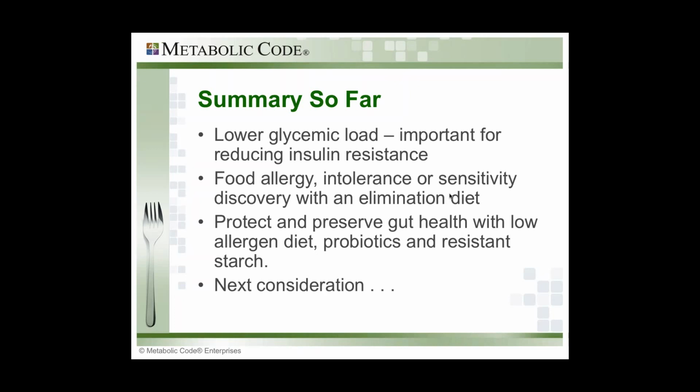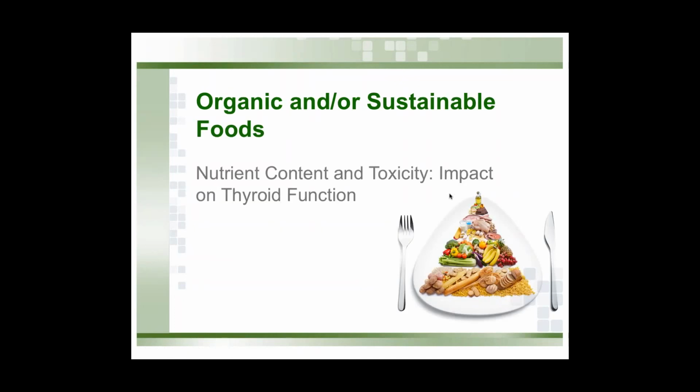If we have autoimmunity present, it's super important to take the food allergens out of the diet, do an elimination diet, and be aware that we need to preserve and protect gut health, not just with the low allergen component, but by taking probiotics and making sure we're getting sources of resistant starch. Oh, and I missed in my summary, don't eat all raw foods when eating high amounts of vegetables and plant foods. Cook them, and watch the millet. Okay, so that's our summary so far.